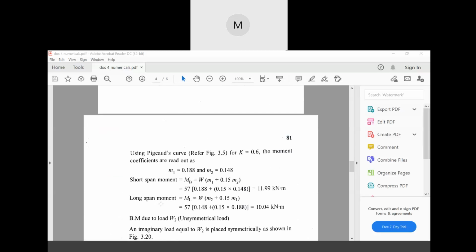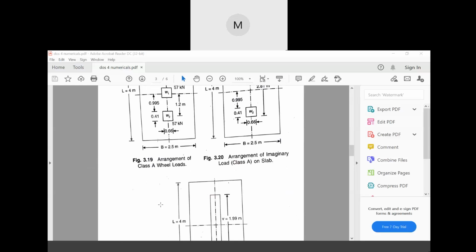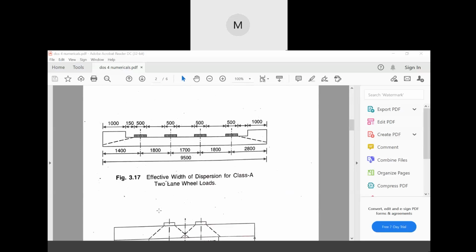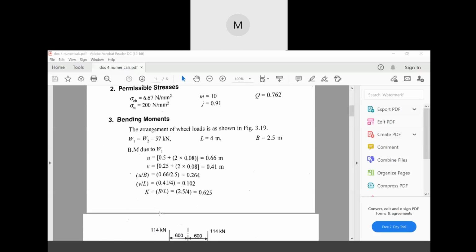Then MA and MB. Okay. So just try to find out and tell me the answers you have got for this. Then I will be sure that you are doing the numerical. Once you are done finding out k, find small m1, small m2, then capital ML and capital MB.